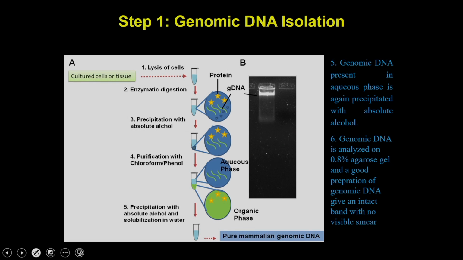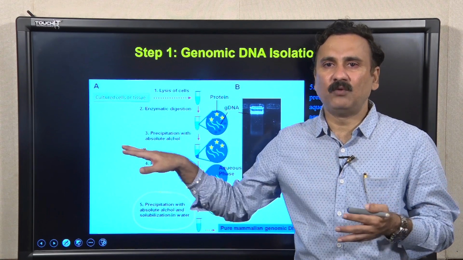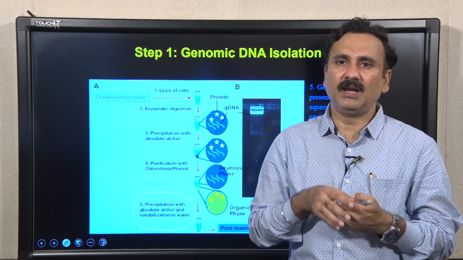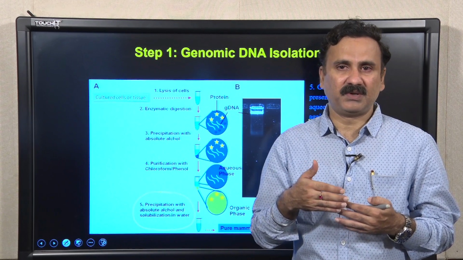Then in the next step, you are going to precipitate the DNA present in the aqueous phase. You are going to precipitate the DNA with the help of the absolute alcohol, and at this stage, if you are interested in making the genomic DNA purification even more pure, you can wash this precipitated DNA with 70% alcohol, followed again by the precipitation with 100% alcohol.